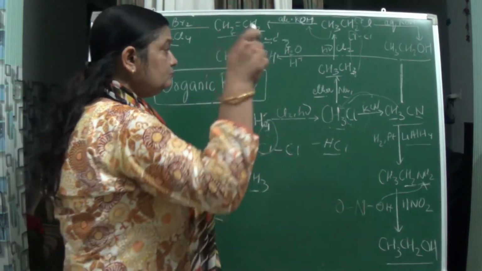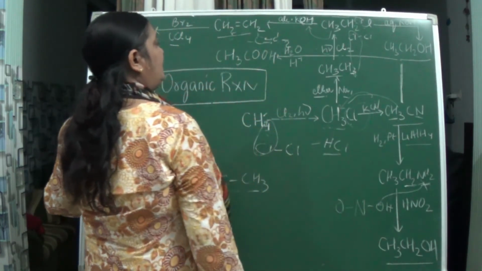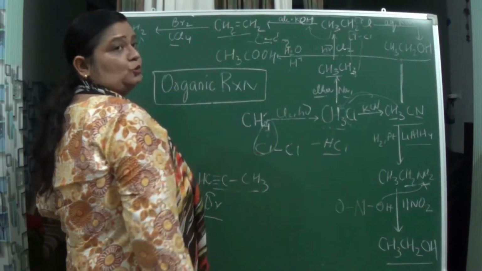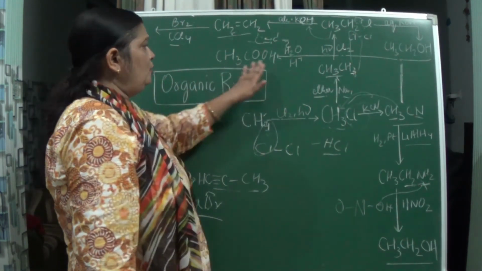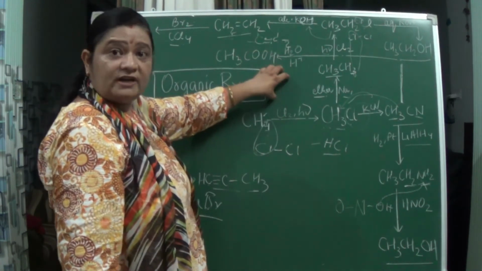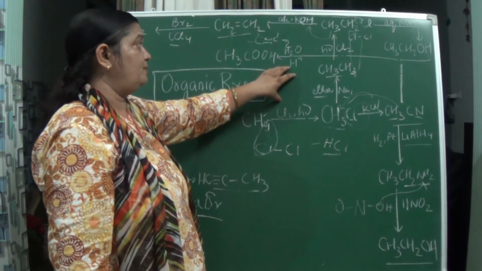Now here with this CH3CN, okay, if we are adding H plus and H2O, here you must remember one thing, that water is in excess, okay, and H plus ions are also present over here.